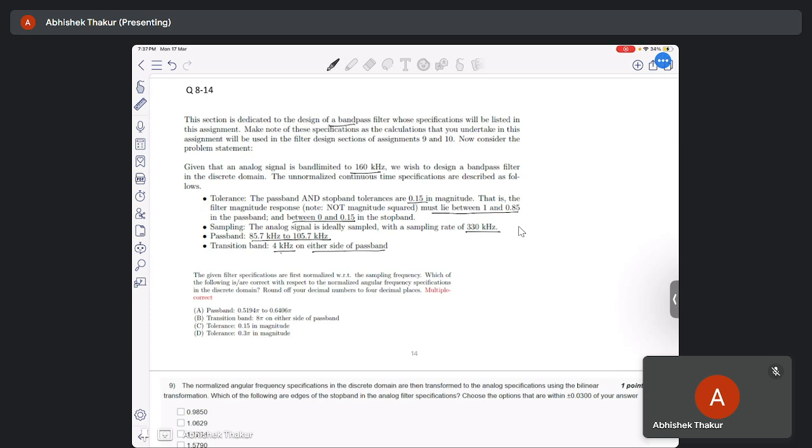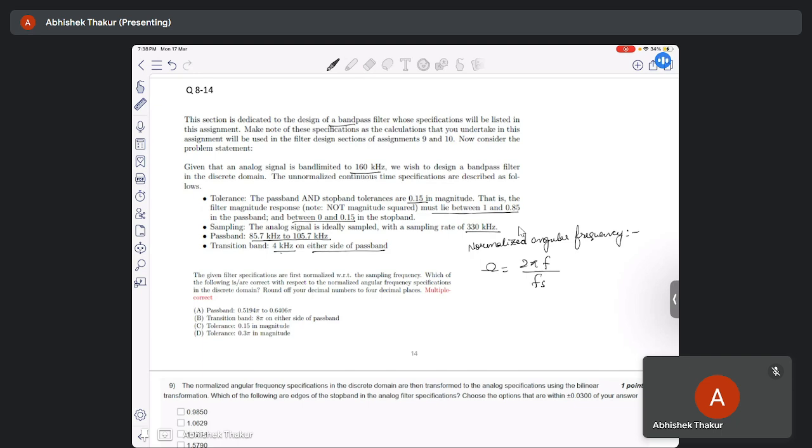So the normalized frequency can be given as omega is equal to 2 pi f by fs.